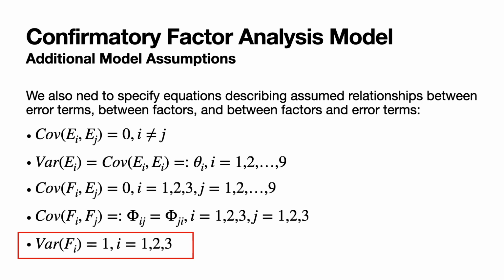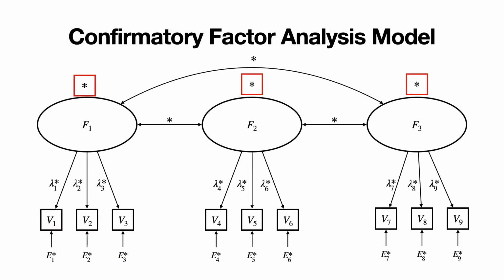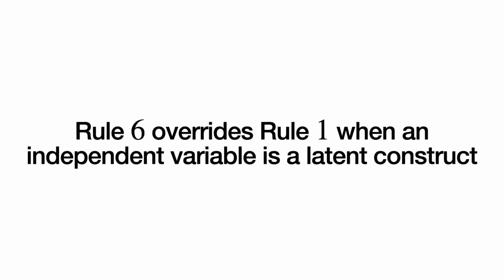And so this is the rule that is going to override Rule 1, which said that the variances of all independent variables are parameters that need to be estimated. This supersedes that rule, and so these asterisks become 1, and so they don't need to be estimated, and so we can remove them from the path diagram. So again, Rule 6 overrides Rule 1 when an independent variable is a latent construct.